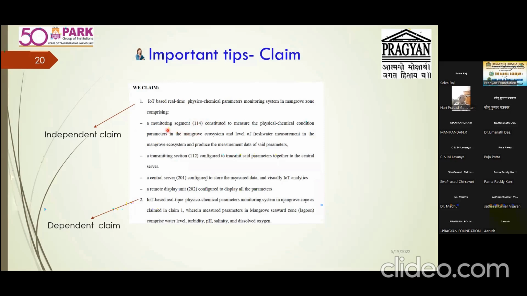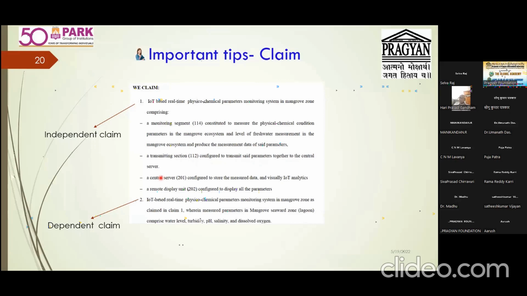Here my independent claim is a monitoring segment configured to measure the physiochemical parameters in the mangrove ecosystem, and a transmitting section configured to transmit the said parameters to a central server. Basically, through IoT I'm measuring the data, the input parameters, which are transferred from the monitoring segment to the server.